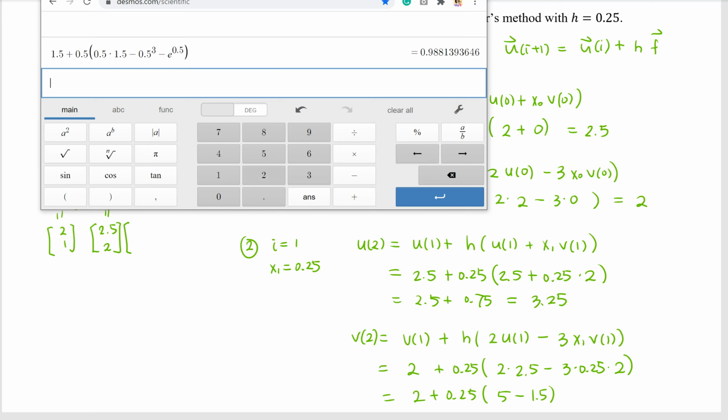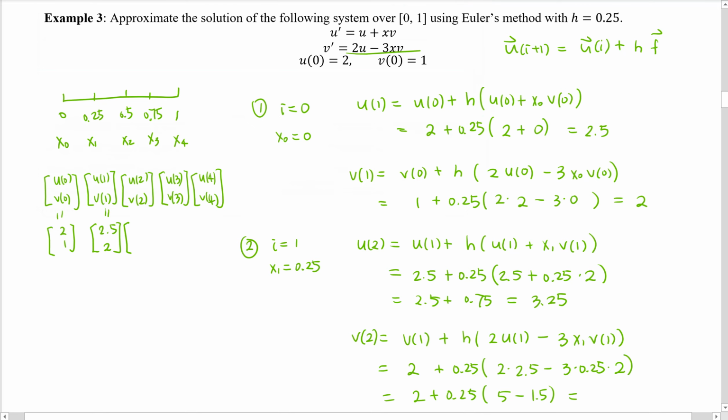So we have 2 plus 0.25 times 5 minus 1.5 is 3.5. So the answer is 2.875. Okay, so 3.25, 2.875. So far, so good, everybody.